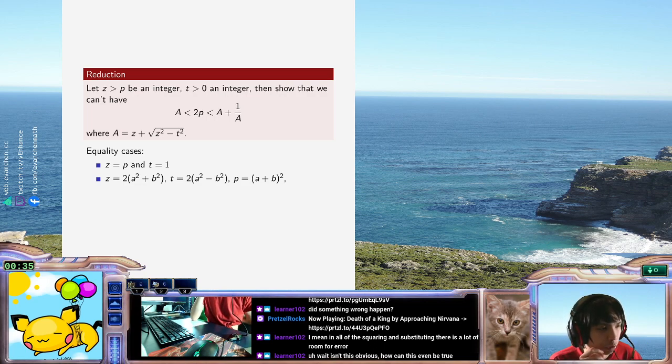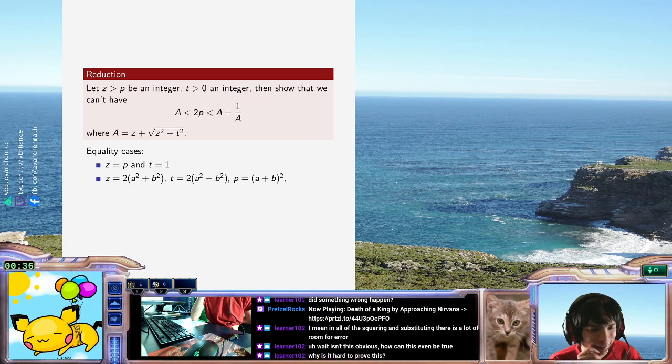How can this even be true? A is not an integer. A is like something. Why is it harder? Like A is not an integer.